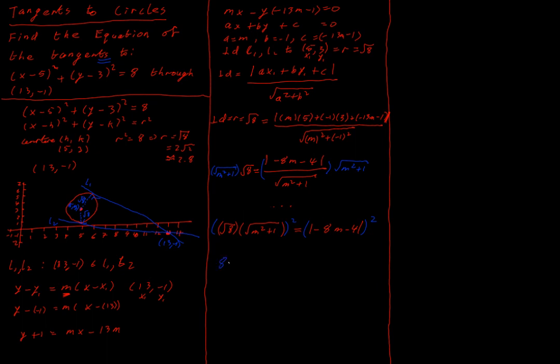So I end up with 8 times (m squared plus 1) is equal to (-8m -4) squared. When I multiply that out, I recognize that I am now just solving a quadratic in m to get my two values of m for the two different slopes of my lines.